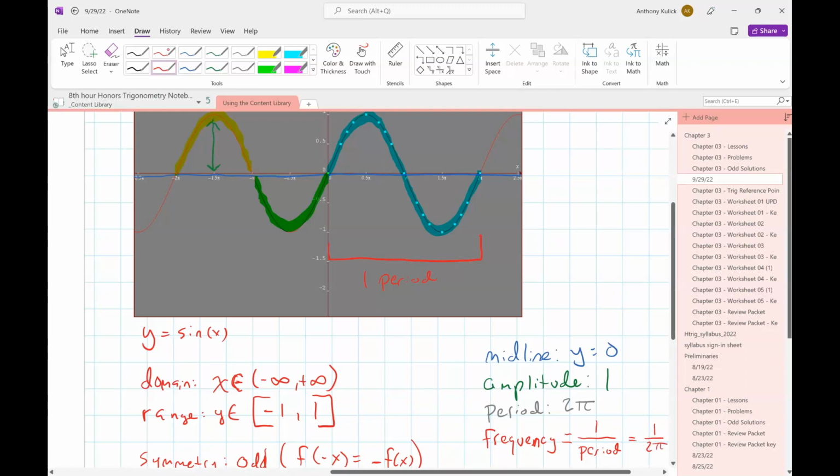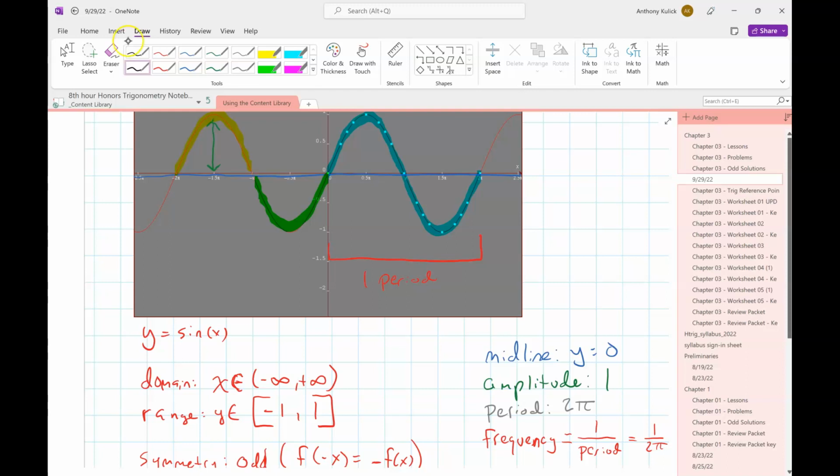So in this case, just 1 over 2 pi. Everybody's okay with what those 4 new terms are kind of saying, what they mean? How to look at the graph and find them? Okay.